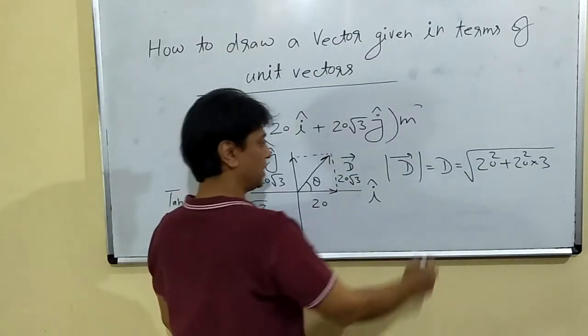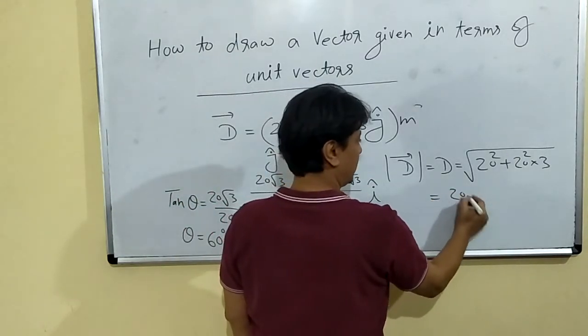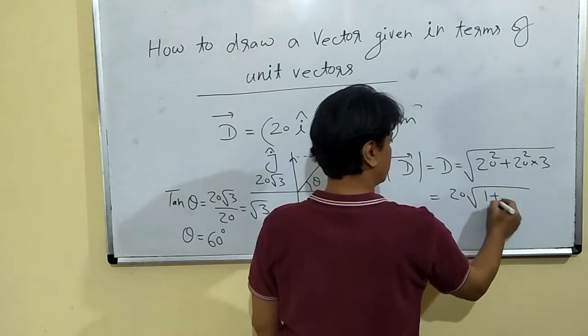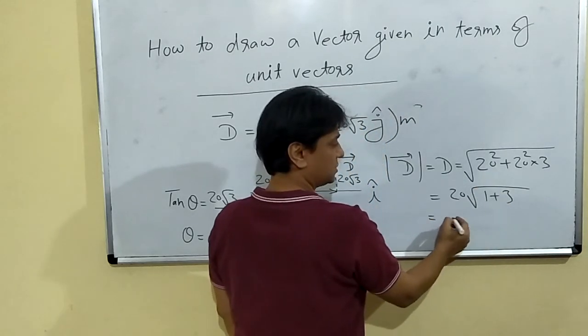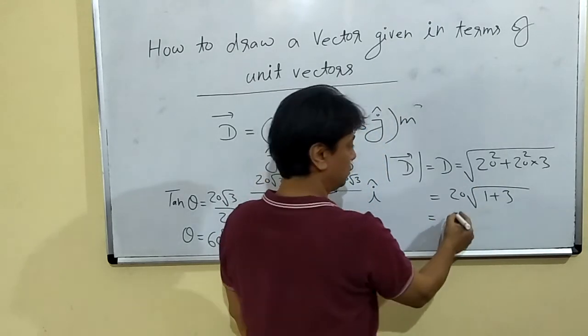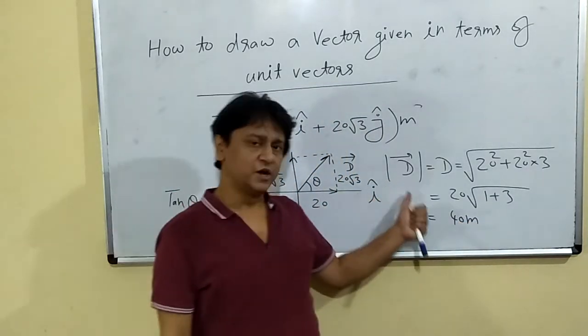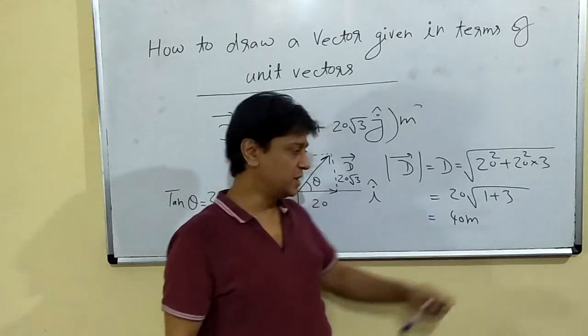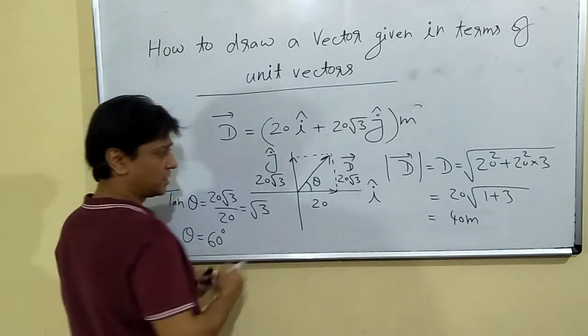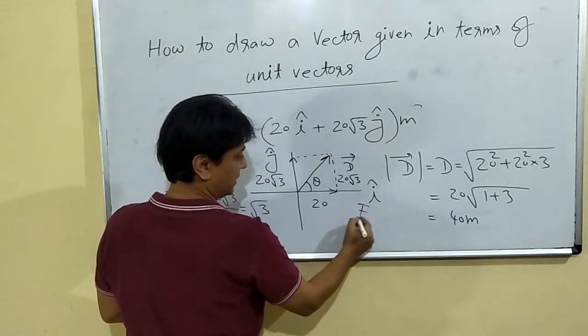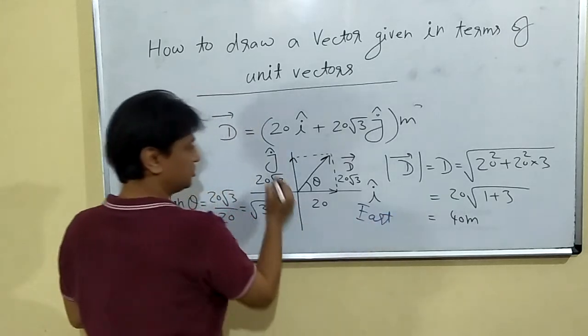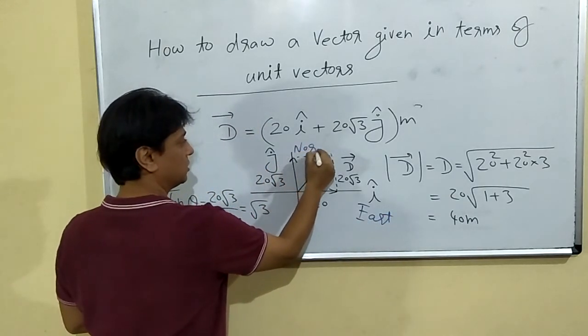Take 20 out, inside this is 1 plus 3, which is 4, root 4 is 2, 20 times 2 is 40 meters. Magnitude of displacement is what? 40 meters. Now I cap is east, j cap is north.